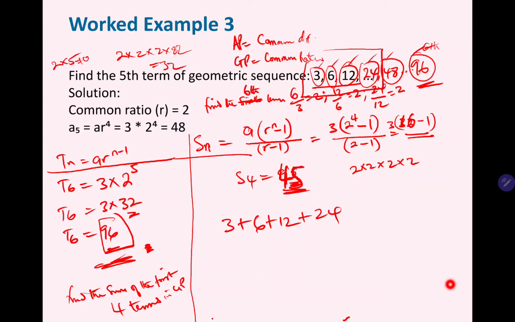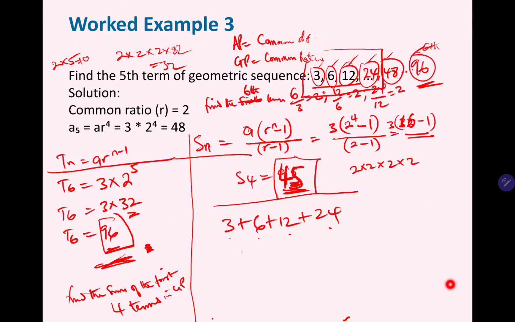Okay, so we put it to the test. We want to find the sum of the first 4 terms, and by the formula it is 45. So we want to do it manually to see if it's correct. The first term is 3, second term is 6, third term is 12, and the fourth term is 24.